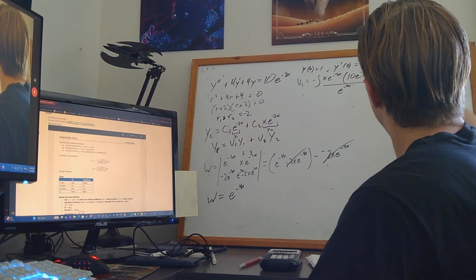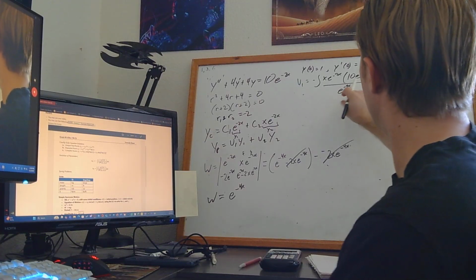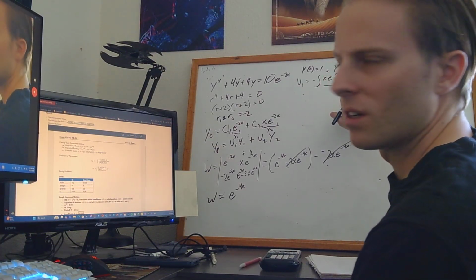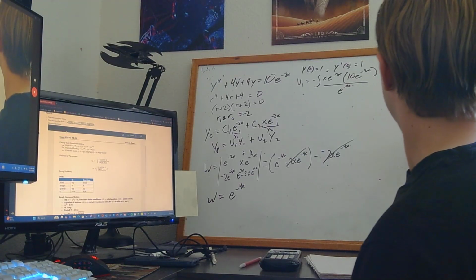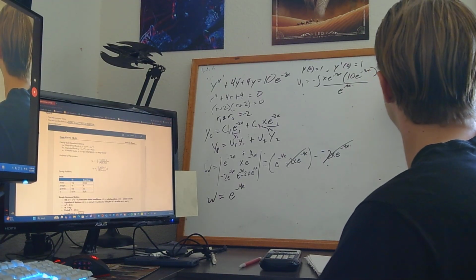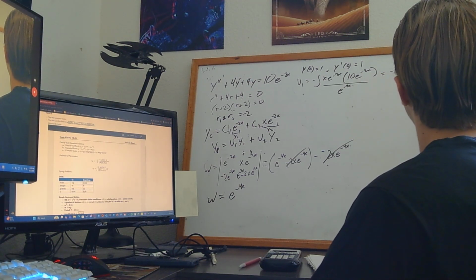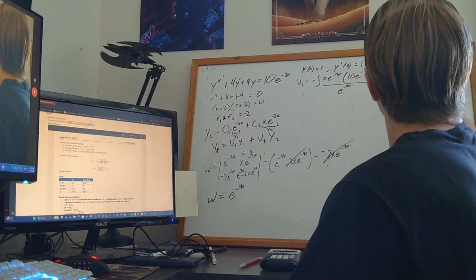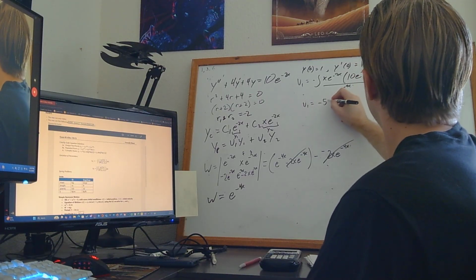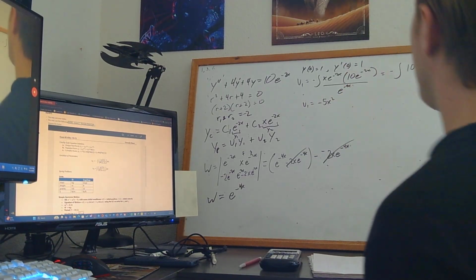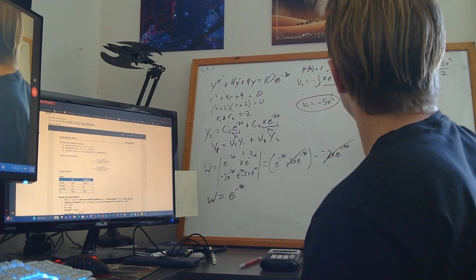So we have minus 10x, right? Because you can break this e to the minus 4x up into 2 e to the minus 2x's, so that'll just all cancel out. So I've got the negative integral of 10x, so that's just 10x squared divided by 2, so u1 equals minus 5x squared. How does that look? Does that look good? Yeah, I'll call that good.